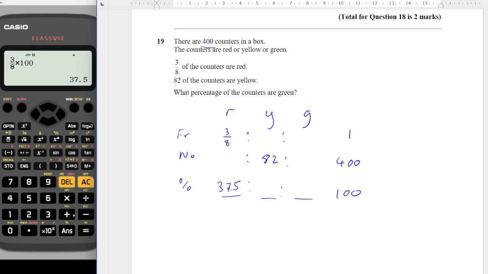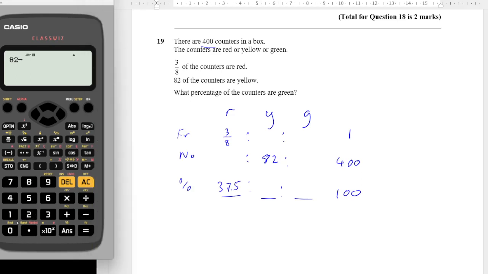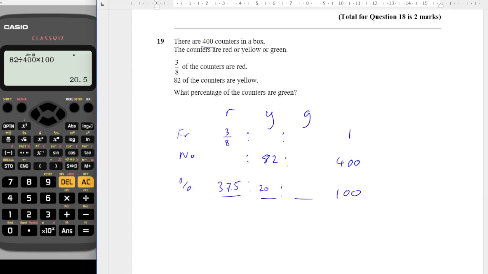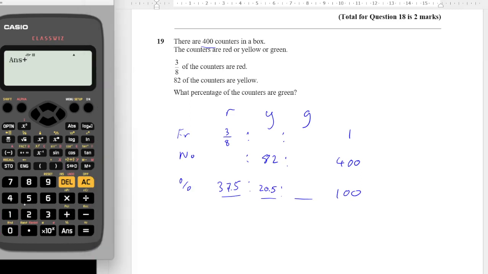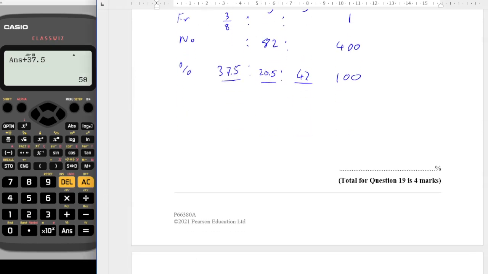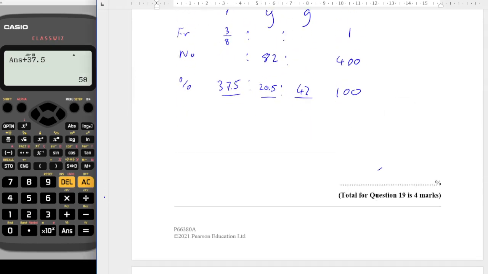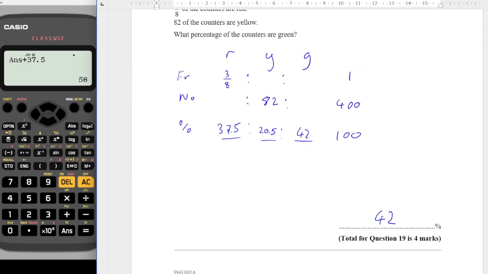I can also work this out as a percentage, so I can do 82 divided by 400, times by 100 will give me the percentage of counters that are yellow. So I've got another decimal, 20.5. So my missing percentage is going to be those two values added together and then taken away from 100. So I'm looking at 42%. And there's lots of ways you could have done that question, and that's just a suggested way.